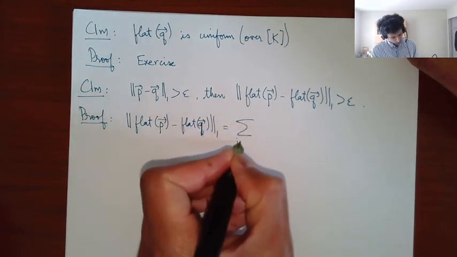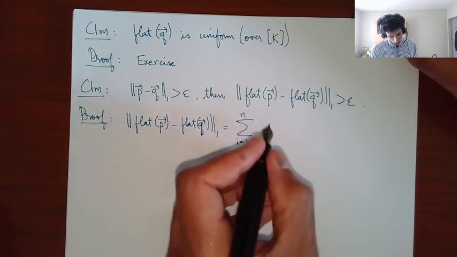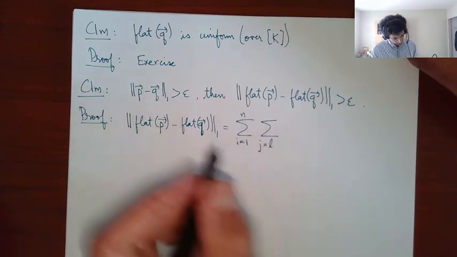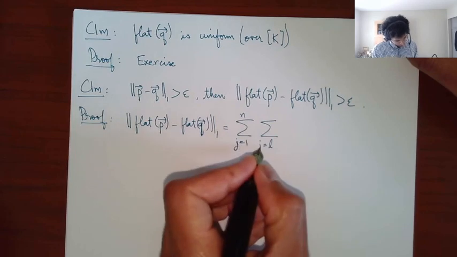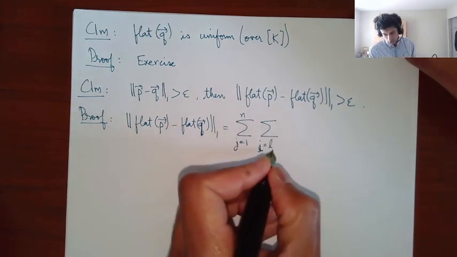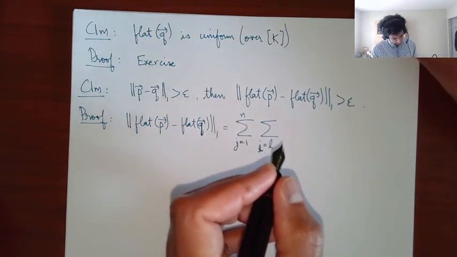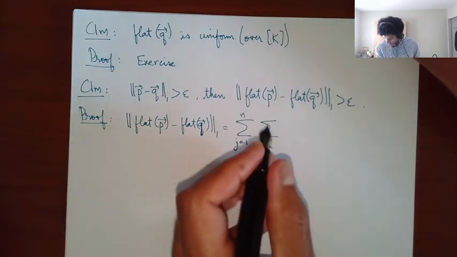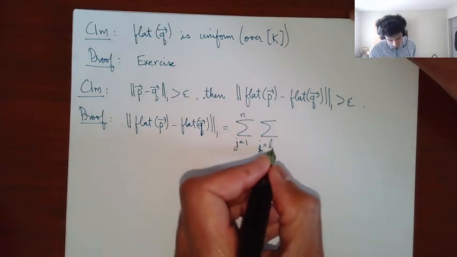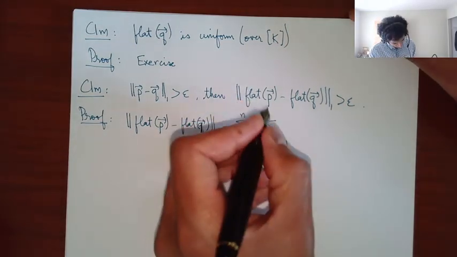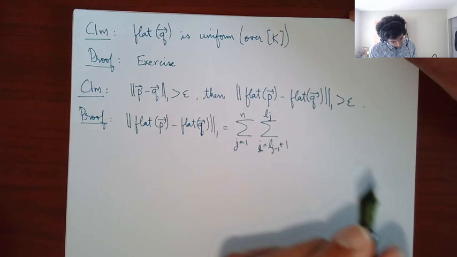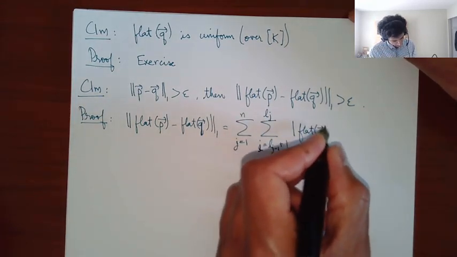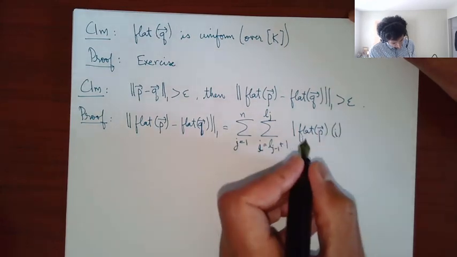So I can write this as the sum of j going from 1 to n, I going from L_{j-1} plus 1 to L_j, of the flattening of P of this element I. So now this is a distribution.